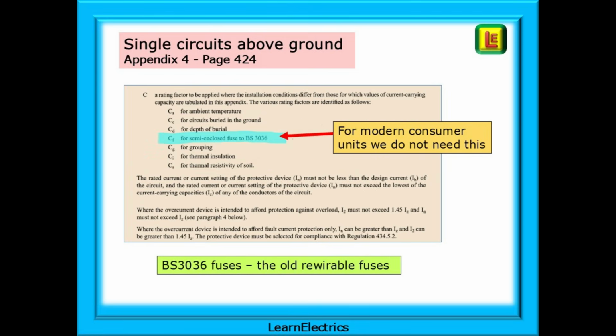And for modern consumer units, we do not need the CF rating factor that is used for the old BS 3036 fuses, although there are still many thousands of them out there, and we will do an example of this in the video.